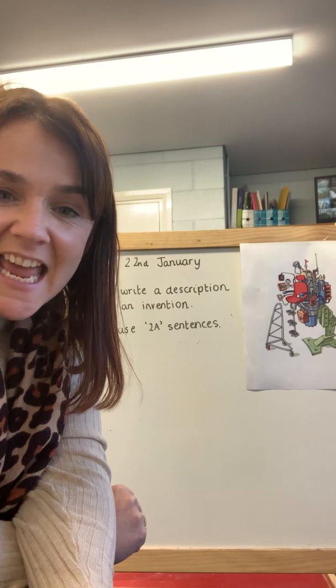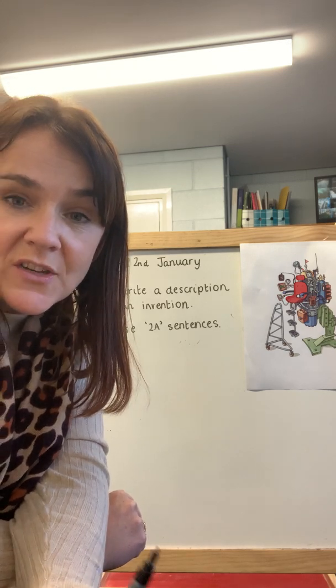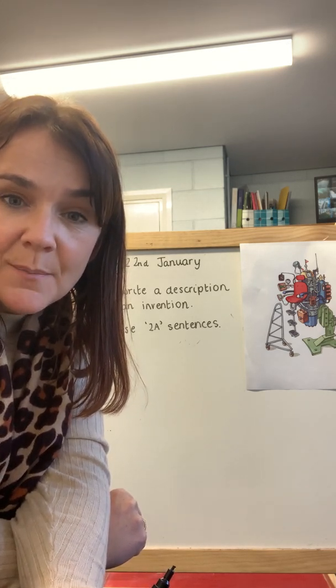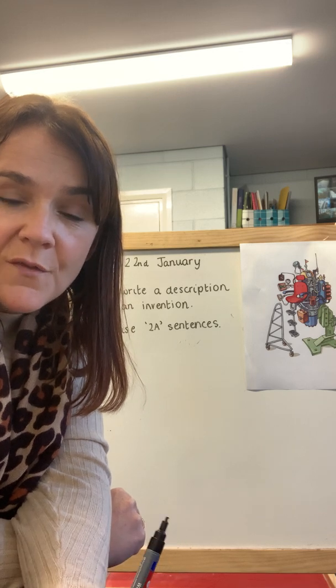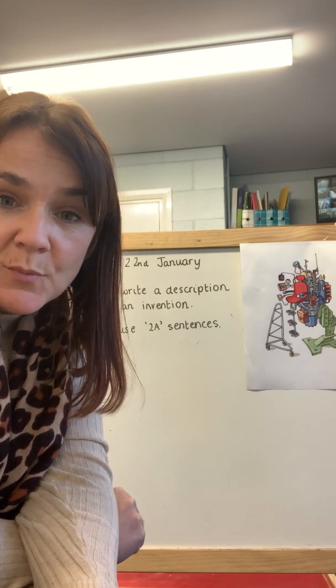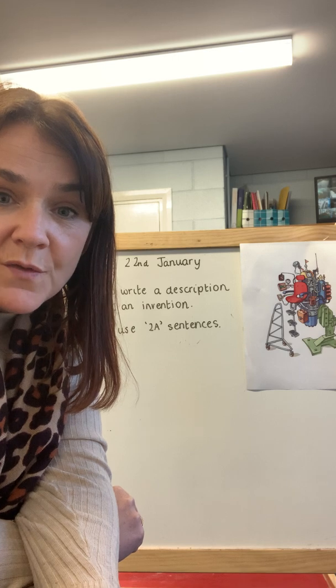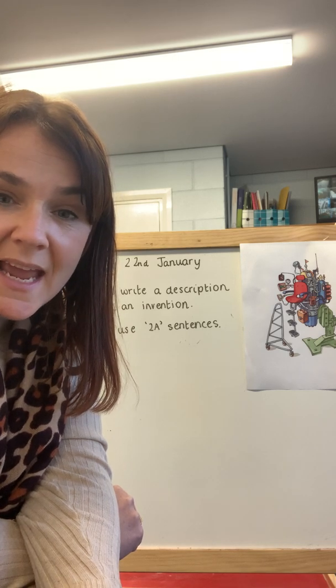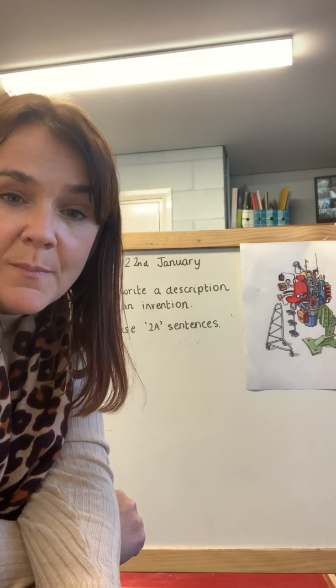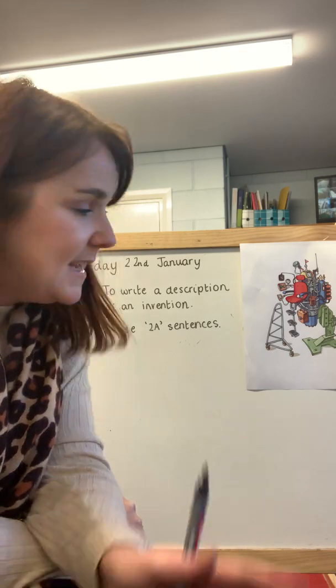Today I'm going to use all those words, those two adjectives that I planned for each part of the machine, and put them into a description of this marvellous machine. So we start by looking at different parts of the picture.